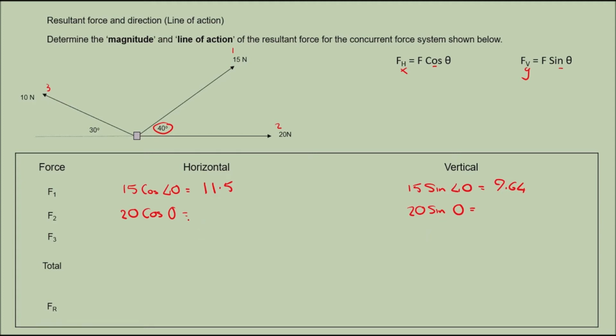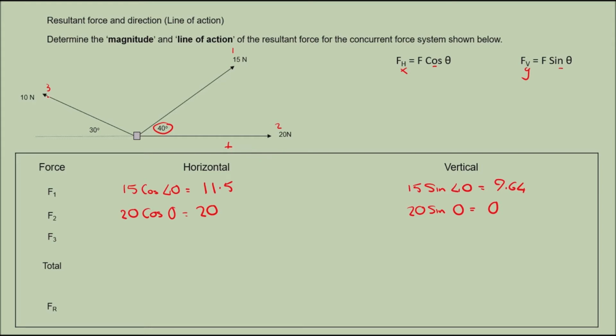So what we should have here is a value of 20 sine 0, we're going to get a value of 0, because as you can see that arrow is pointing to the right, so therefore that is a positive force. There's nothing going vertically, it is only going horizontally, and it's only going to the right, which makes it positive.